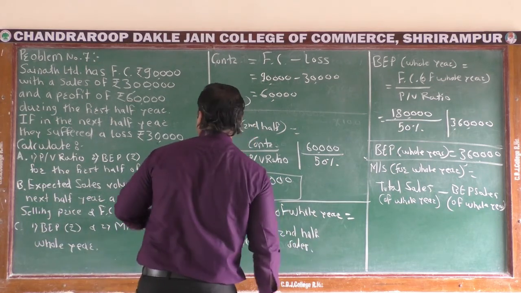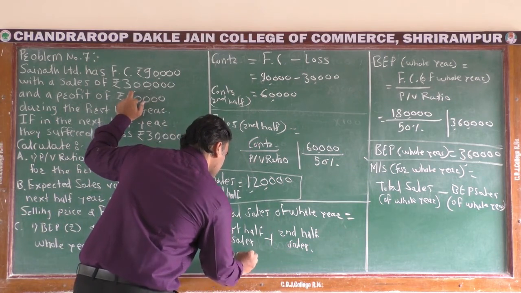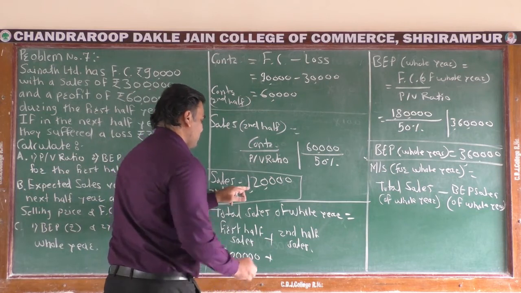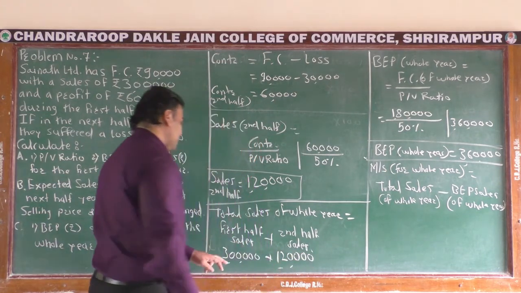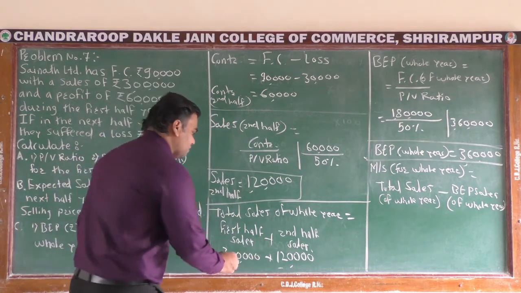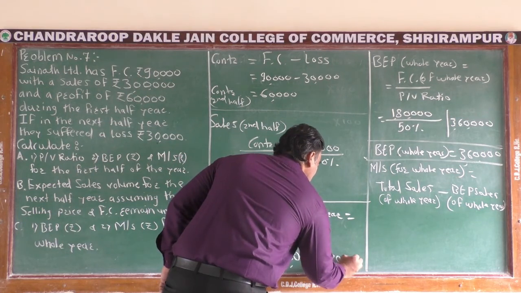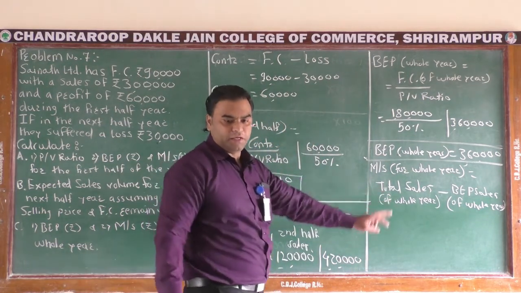The first half year sales is already given, which is 3 lakh, plus second half sales which we have calculated, which is 1,20,000. So 3 lakh plus 1,20,000 is equal to 4,20,000, the amount of total sales of the whole year.